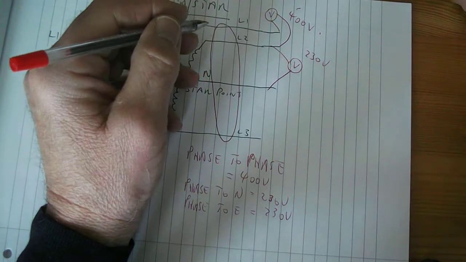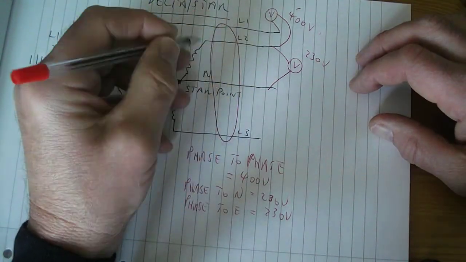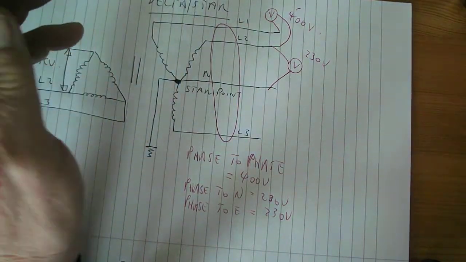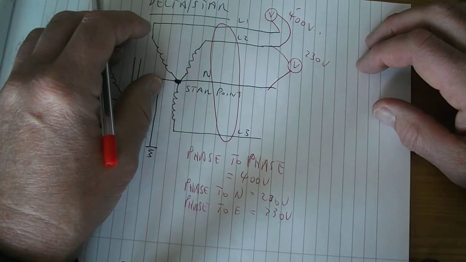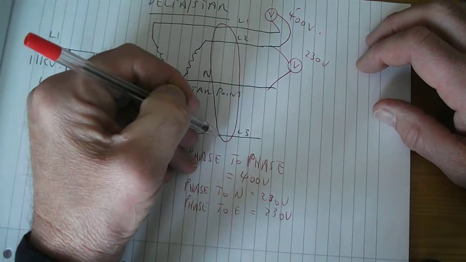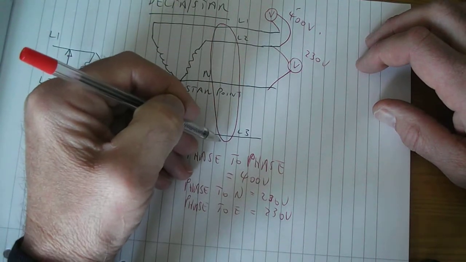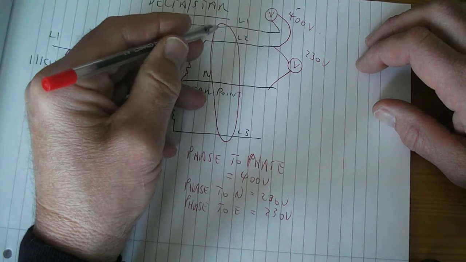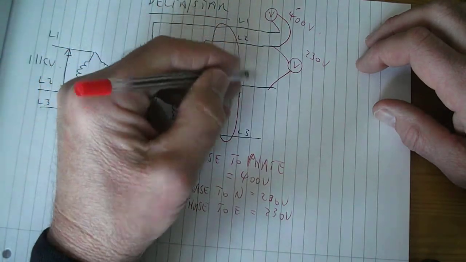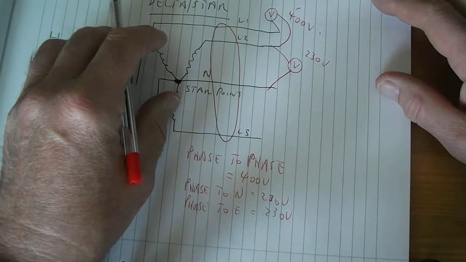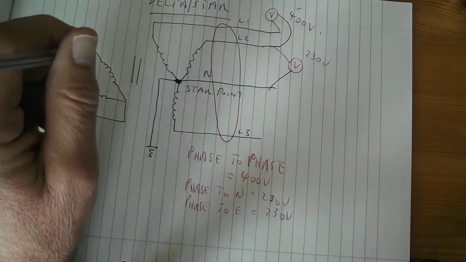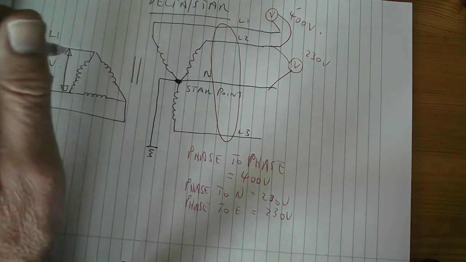So new cables will have just 4 cores, which will be the 3 phases plus a combined neutral and earth. Or the older cables will have 4 cores, effectively 3 phases, a neutral wire and an earth conductor as well. So you're likely to come across two types of cable in your urban network.